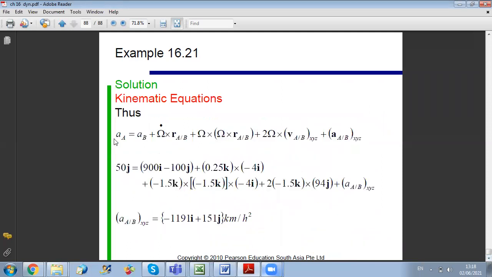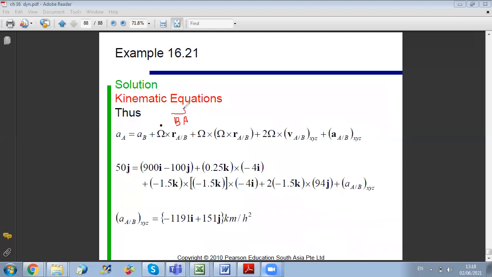So just here we put instead of AA 50J, instead of AB 900I minus 100J, which are the components normal and tangential ones. Now alpha is replaced by 0.25K, and the position vector BA, we already found that it is minus 4I.